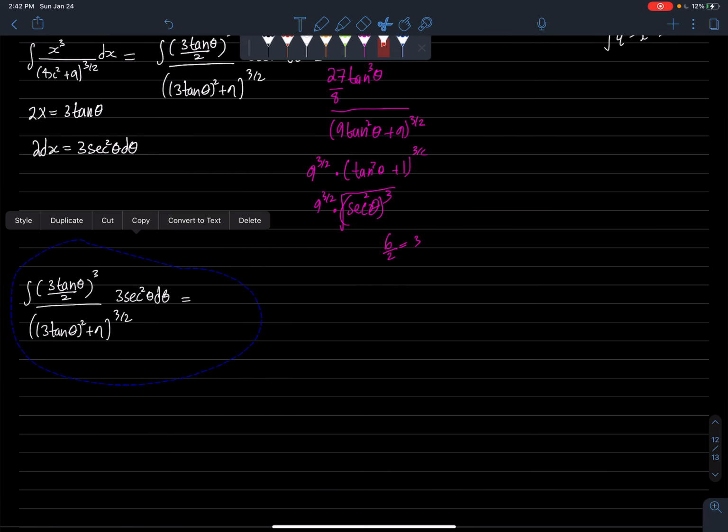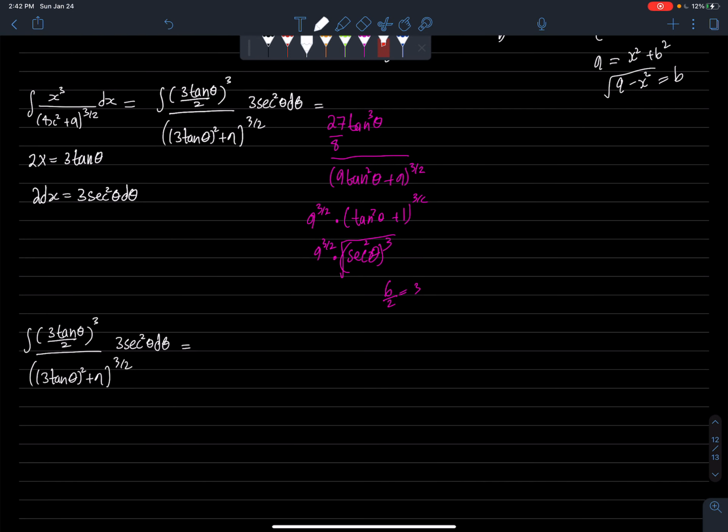Sorry, let me just make it easier to read. On the top, 27 over 8. Actually, let's put all the constants outside. 27 over 8 divided by 9 to the 3 over 2. Right? That's all the constants.